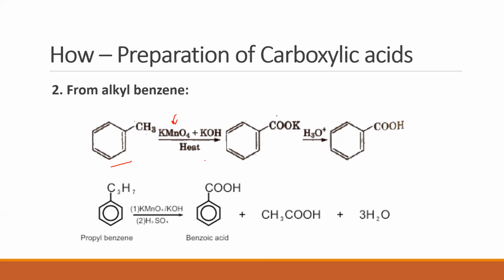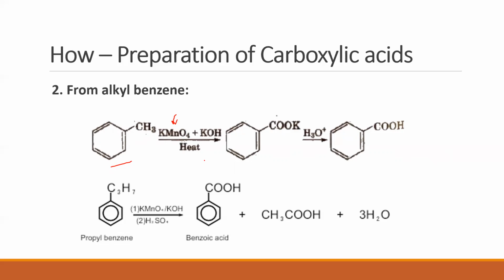Yes, KMnO4 is a very good oxidizing agent. And what is an oxidizing agent? It carries out oxidation. Now, what is oxidation? Either addition of oxygen or removal of hydrogen.